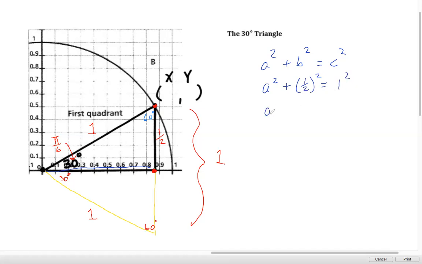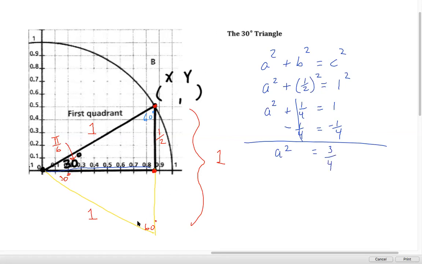Okay, doing some algebra, we have a squared plus 1/2 squared is 1/2 times 1/2 is 1/4 equals 1 squared is still 1. Get a squared by itself, minus 1/4 to both sides. So you have a squared, those cancel, equals a whole minus 1/4 is 3/4.